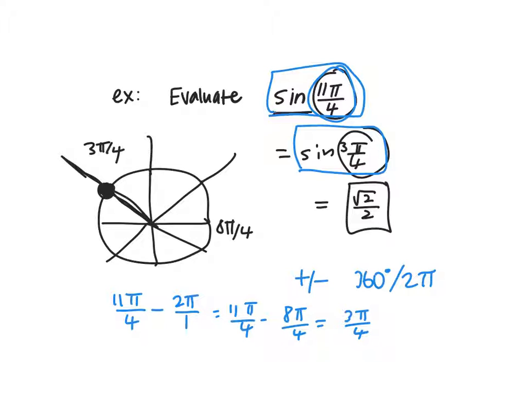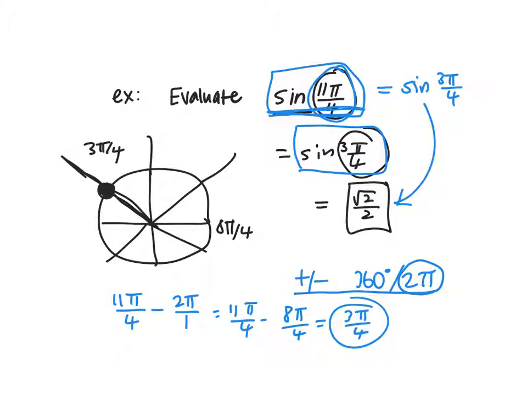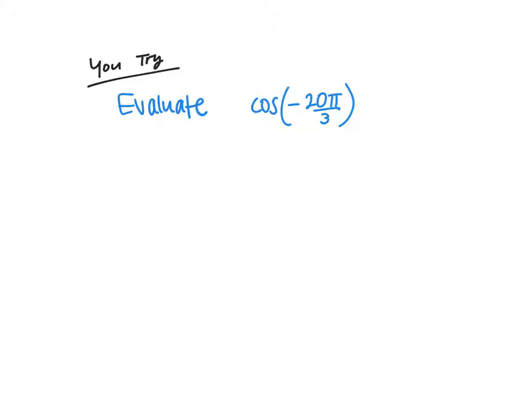So sine of 11 pi over 4 is going to give me the same thing as sine of 3 pi over 4 because they're coterminal, and then you would find your answer that way. Whether you add or subtract multiples of 360 or 2 pi depends on the number that you have. Go ahead and try this problem.